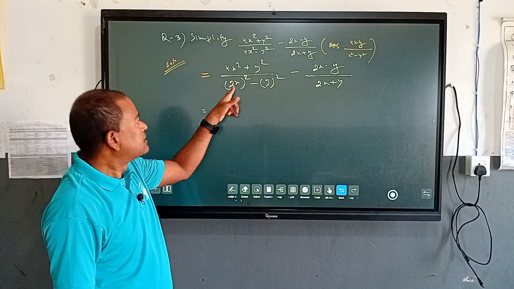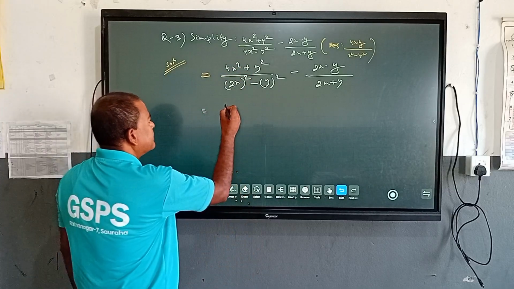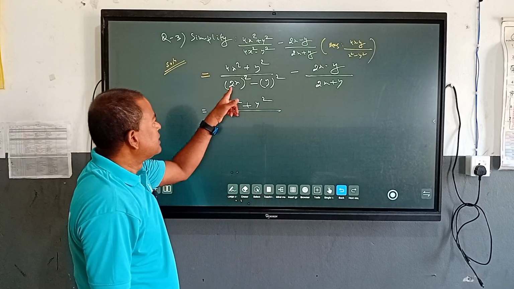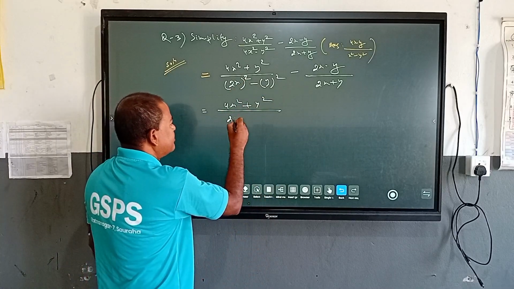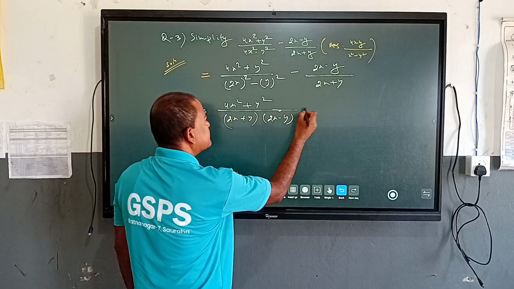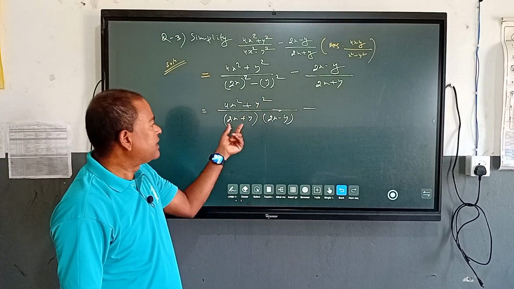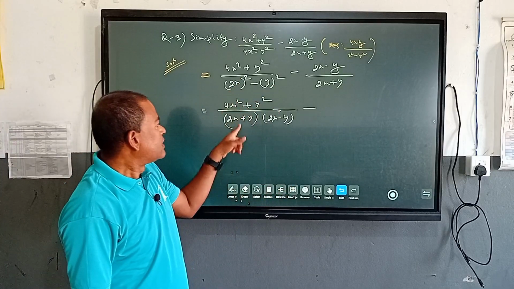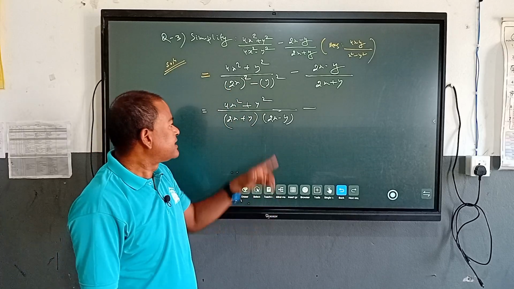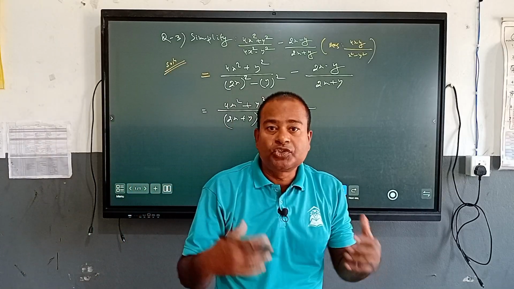Let's factorize the denominator of the first rational expression, (4x² + y²) divided by, now a² − b² means (a + b)(a − b). So by using the formula of a² − b², we have got two factors. First one is a + b, that means 2x + y, and the second factor is a − b, that means 2x − y.